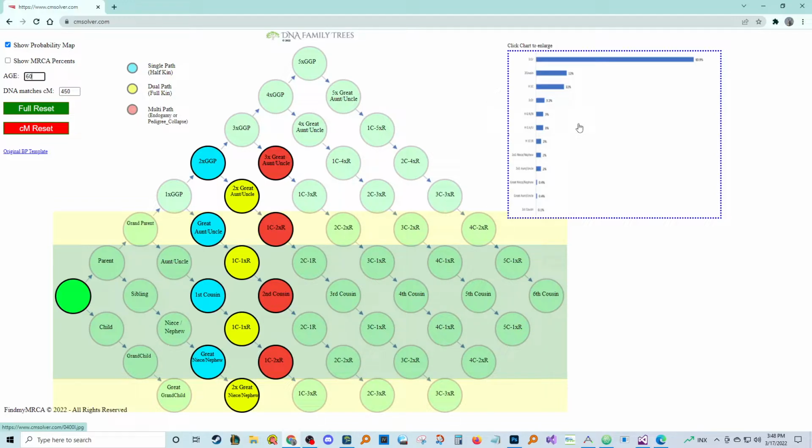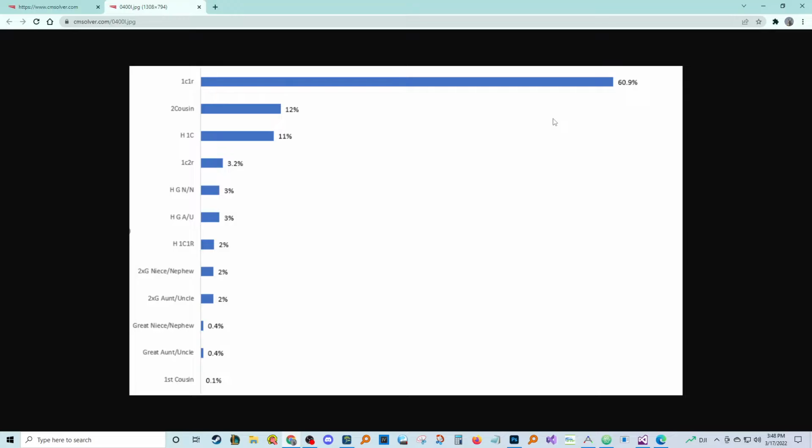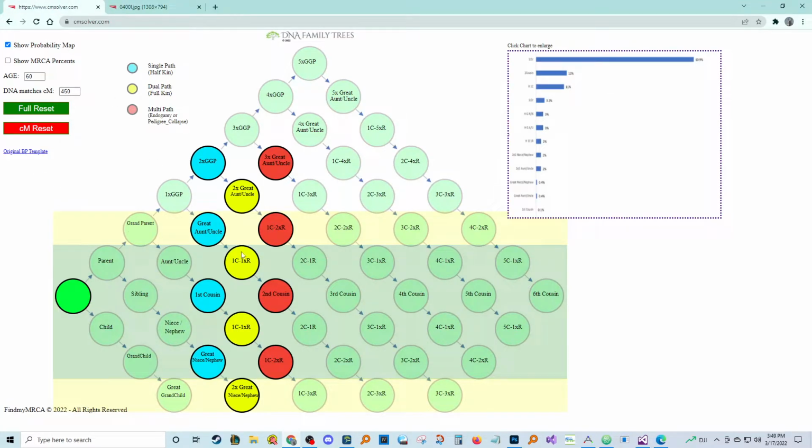Now, if you have a dual monitor system, you can drag that window over to the other one, and that makes it really handy. But we're just going to click on it real quick, and we're going to examine this chart. All right? So look at this. This is pretty telling what the answer probably is. So we've looked right here, and we said, all right, here are the possible kinships, one of these 6.